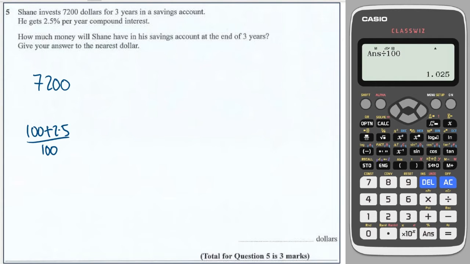So that is 1.025, and that's for 3 years, so we raise it to the power of 3. So we do 7,200 multiplied by 1.025 to the power of 3, and we get our answer, and it says to the nearest dollar, so that is 7754.